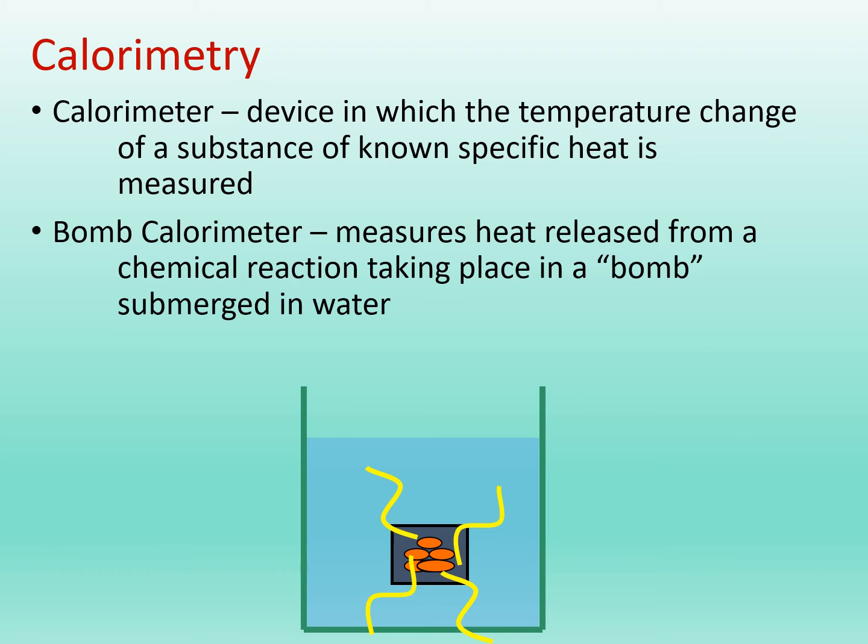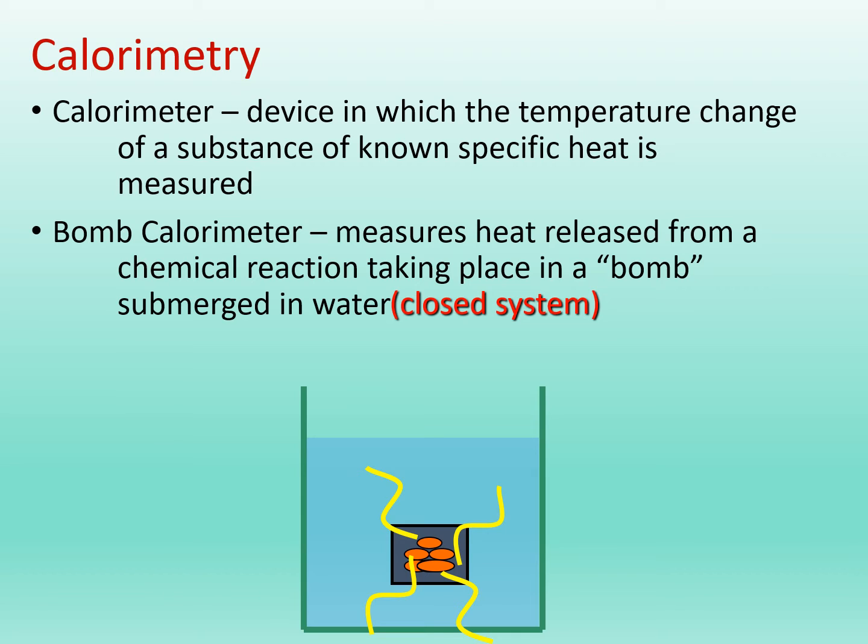A bomb calorimeter is where the container with the reaction is completely submerged in the water. And the reason I mention this is because this is ideal, because this way, any energy coming out of the reaction is going into the water. And this kind of gives us a closed system, so we're not losing anything.